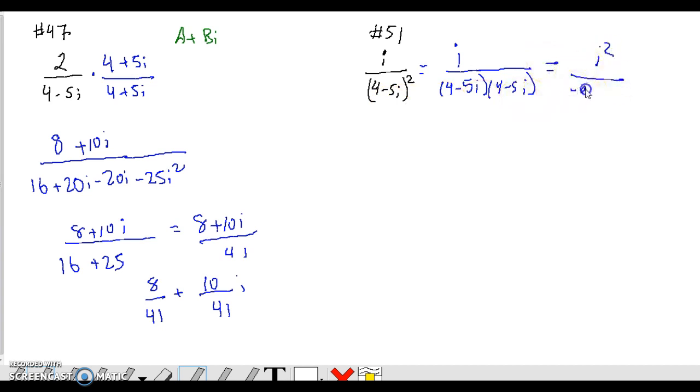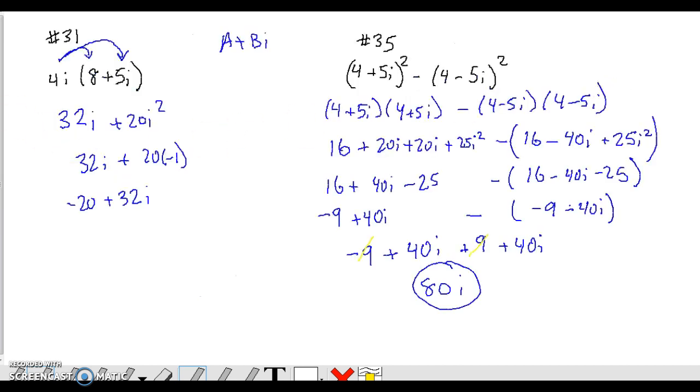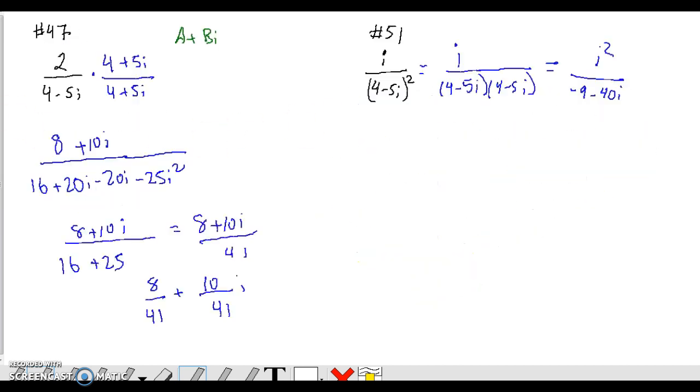So what did I say? I said negative 9 minus 40i, I believe. Let me just double check. Negative 9 minus 40i. Excellent. Okay, and I just turned that to a square, so that is wrong. Take that away. And now I can multiply top and bottom by my negative 9 plus 40i.